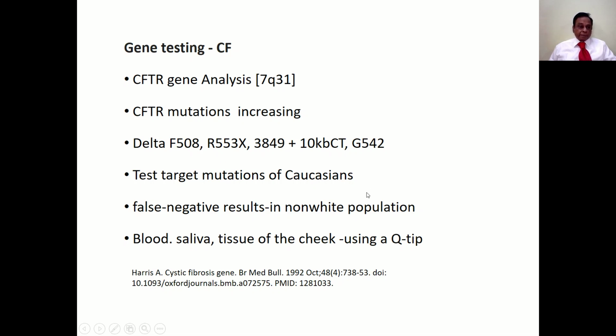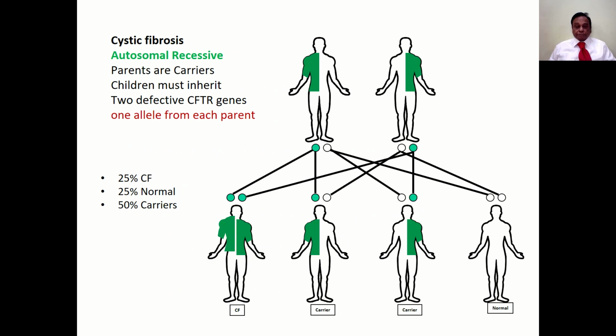Most of these tests were designed previously to target mutations very common in Caucasians, that is Western European, white people. That's the reason why if you use the same kit for diagnosing non-white people, false negative results may be very high, and these things are very important.